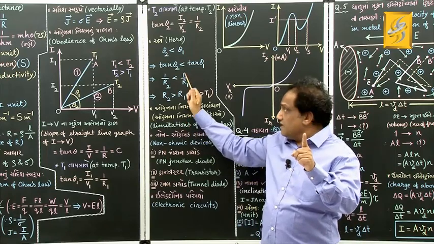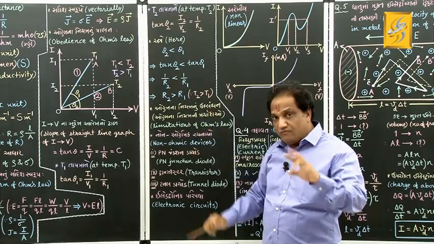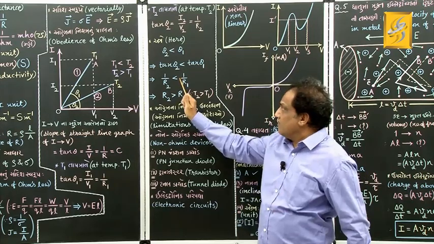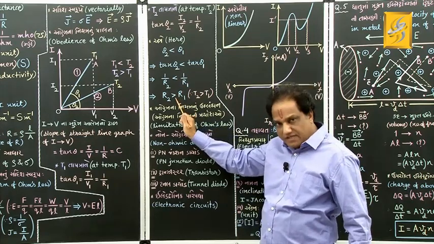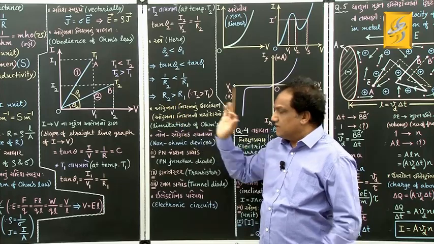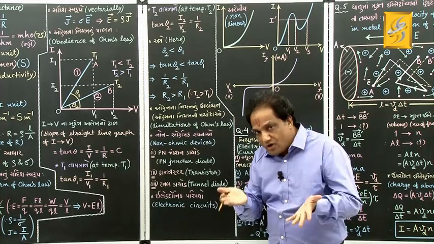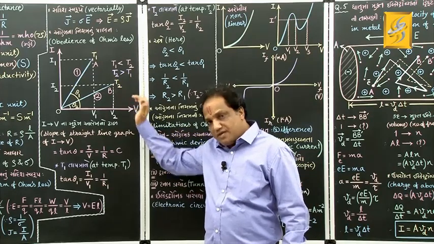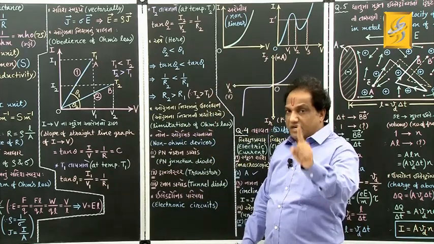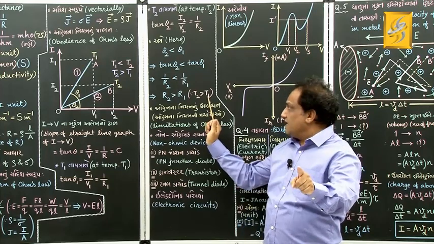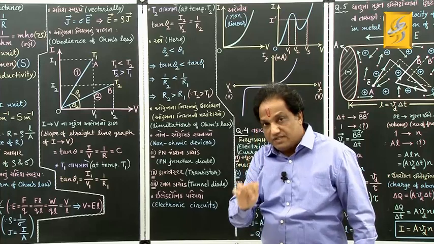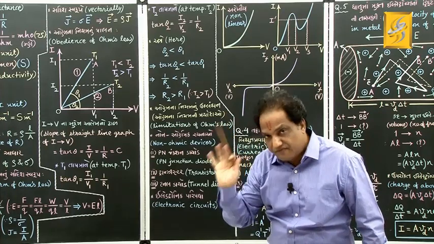Remember, in any inequality relation, whenever you take reciprocal, the sign of inequality will get changed. Instead of less than, now it is greater than, correct? So, R2 is greater than R1. And you know why? Because this temperature T2 is greater than temperature T1. So, what does it mean? For metals, for good conductors, when temperature increases, resistance increases. Correct?